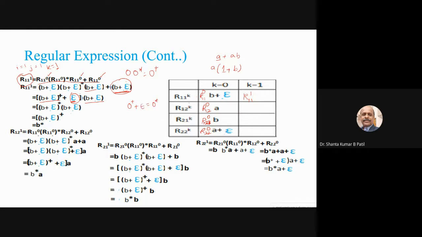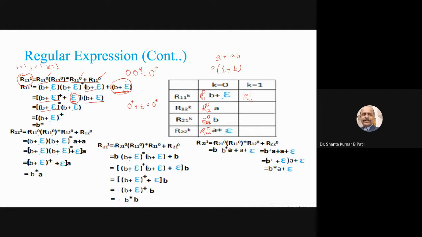Like that, in place of the 0, we have b plus epsilon plus epsilon. So this you can replace by b plus epsilon star. B plus epsilon star into b plus epsilon is like 0 into 0 star.